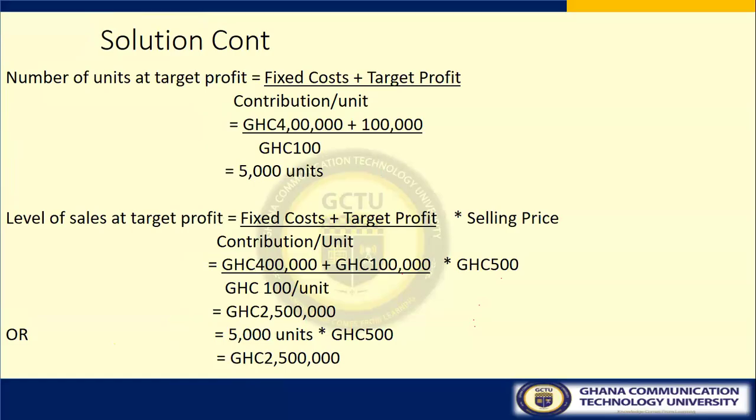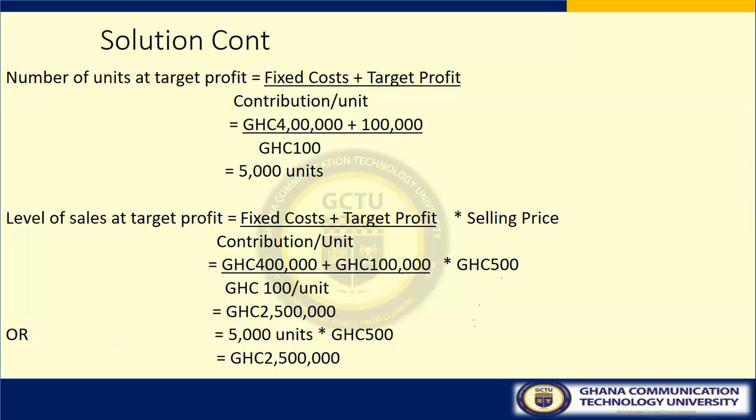Number of units at target profit is equal to fixed cost plus target profit divided by contribution per unit. Level of sales at target profit is equal to number of units at target profit times selling price.